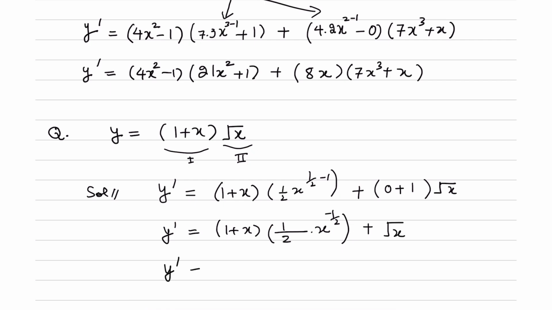We can write this in a more simplified form, which is (1 + x) divided by 2 times the square root of x, plus the square root of x. So this is how we apply the product rule of derivative to find the derivative of an expression written as the multiplication of two functions.